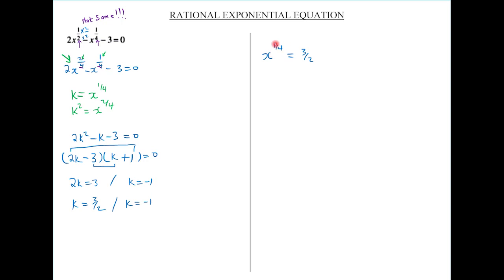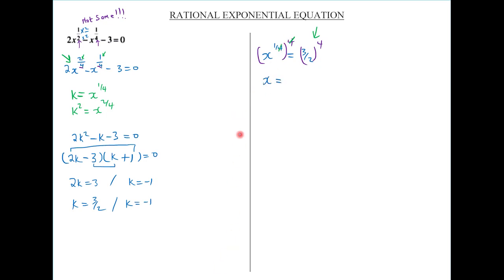Because here the power is 1 over 4. So we want to make sure that we're solving for x here. So to do that, when I raise this to the power of 4, we're also going to do that here. So the reason why we're raising it to the power of 4 is so that this 4 can cancel with that, right? We don't mind what's happening on the right hand side, as long as here on the left hand side we're left with x.